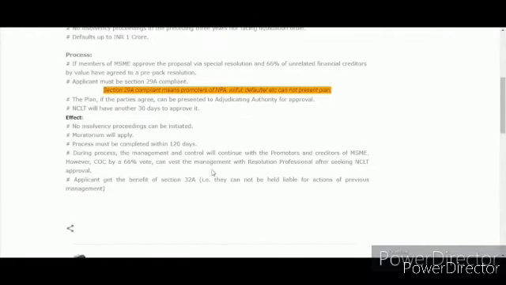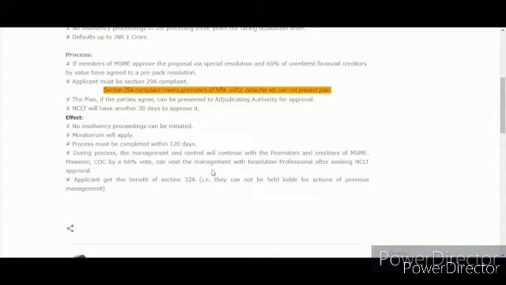So what would be the effect? Once you start this pre-pack insolvency resolution process, or the company opts for this, I would say the very basic rule under the IBC is that no insolvency proceeding can be initiated.